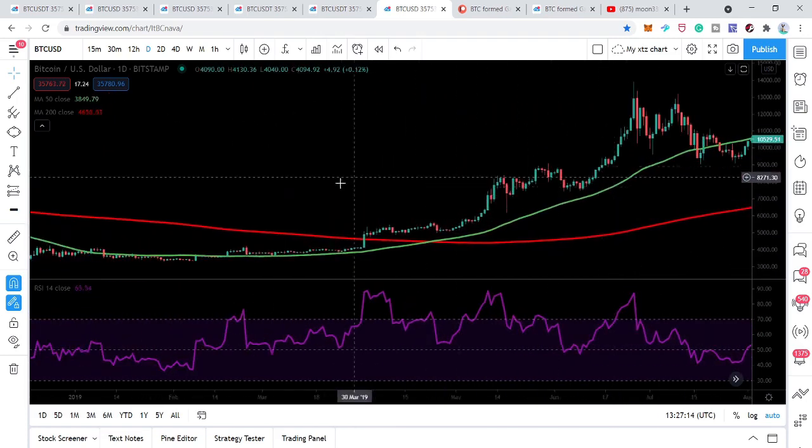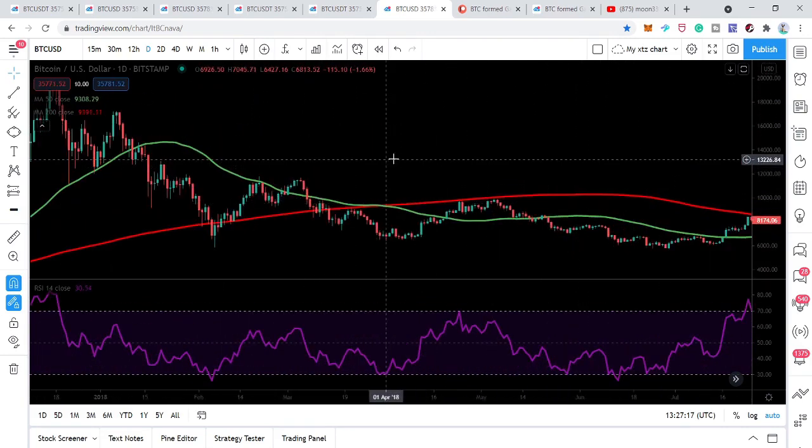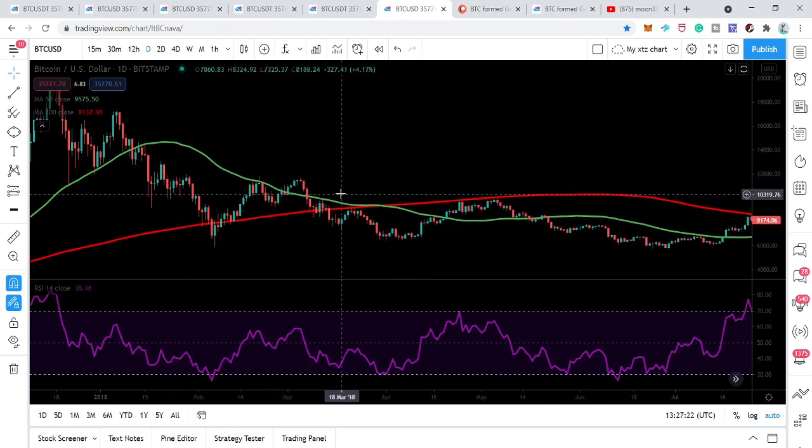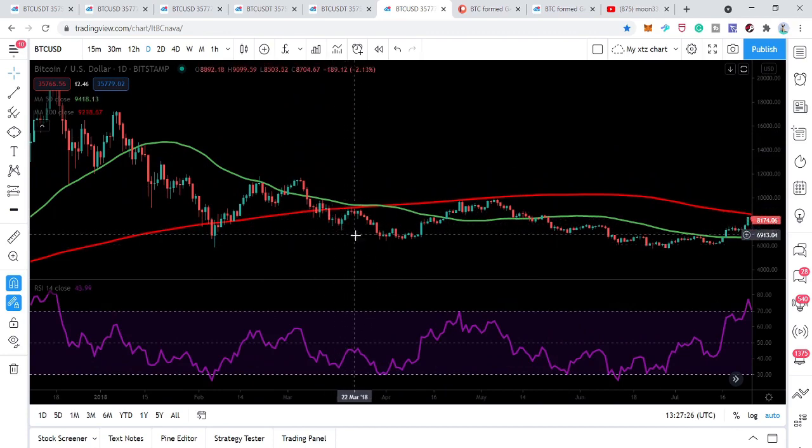Now let me just show you here. You can see that back in April 2018, before the death cross, the RSI started moving down, and here the price action crossed down the 200 simple moving average as well.